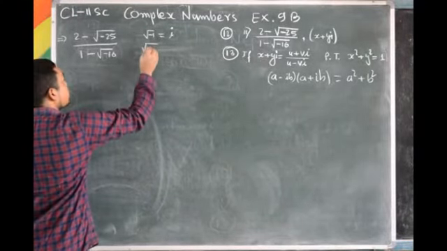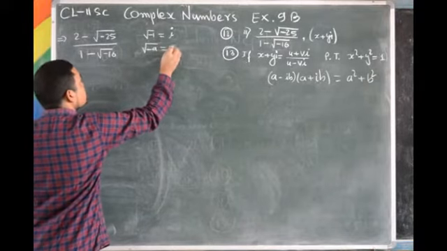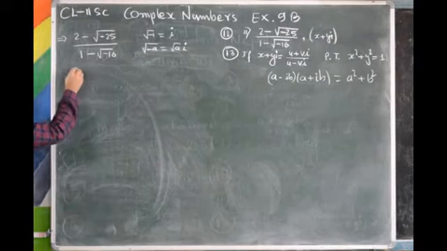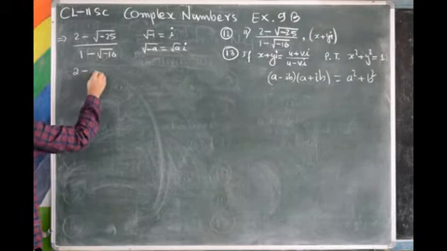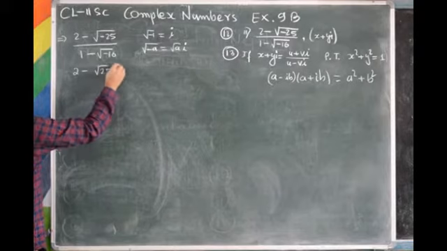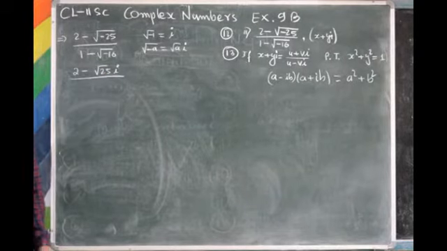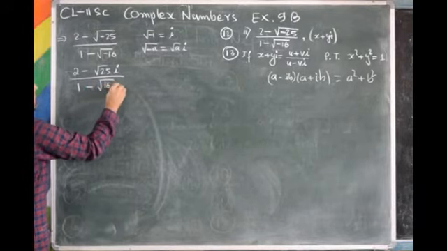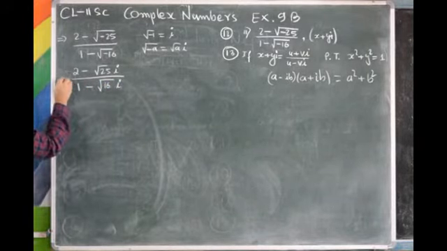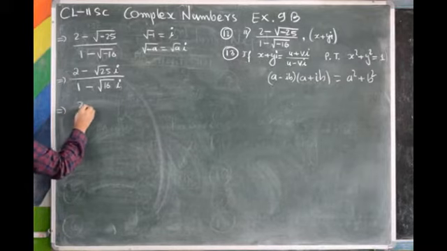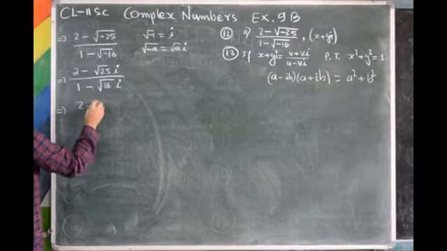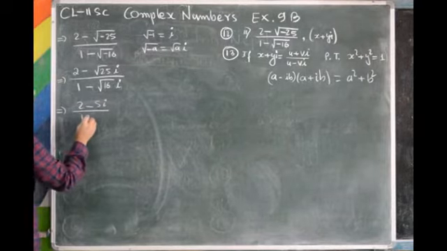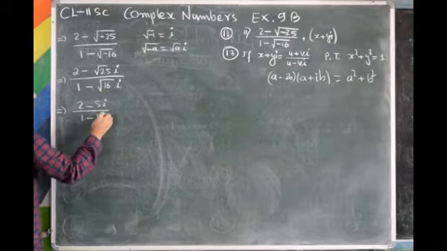Otherwise, use this property: under root minus a equals under root a times i. Now 2 minus square root of 25 is 5i, divided by 1 minus square root of 16 is 4i.